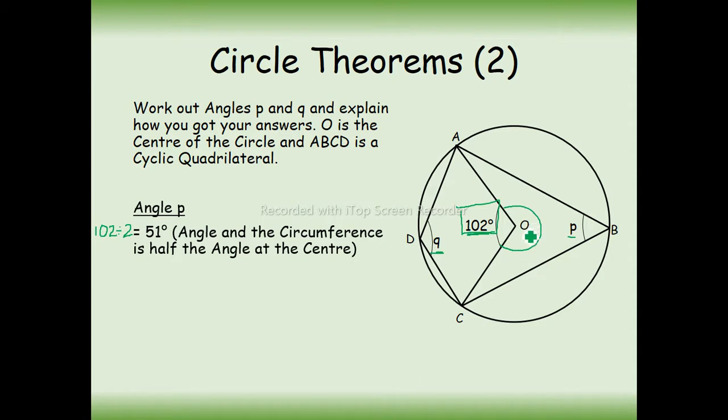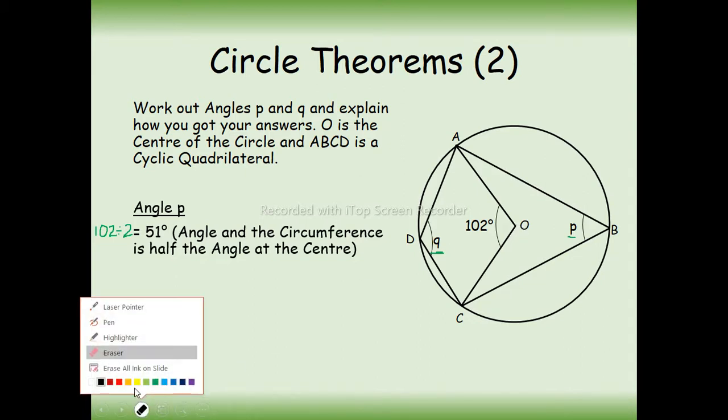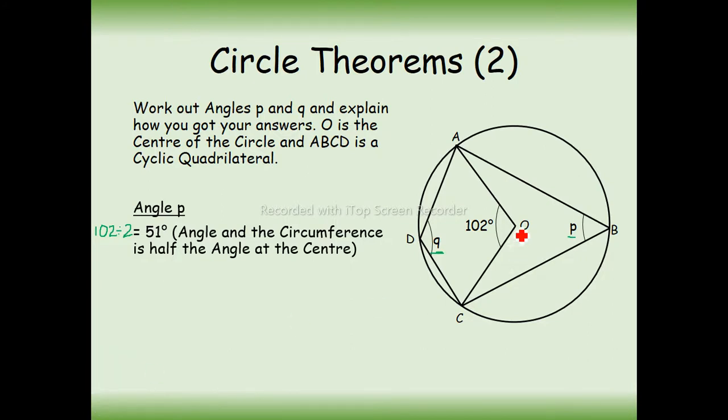This O means the origin. It's the point, not an angle. The angle at the center is 102, and the angle at the circumference is half of 102.